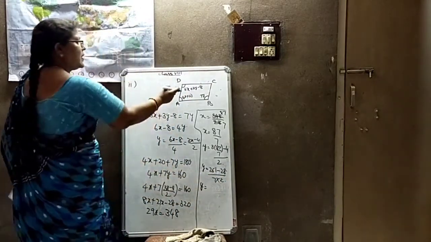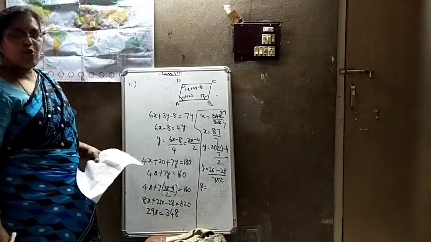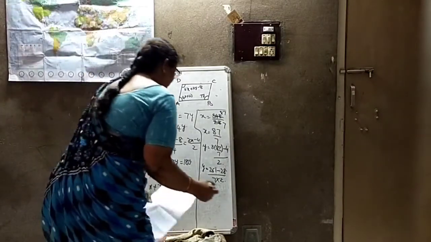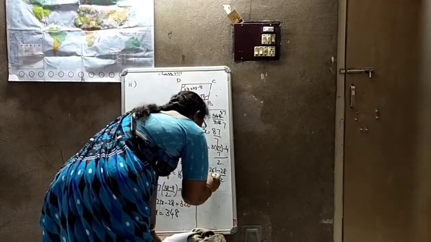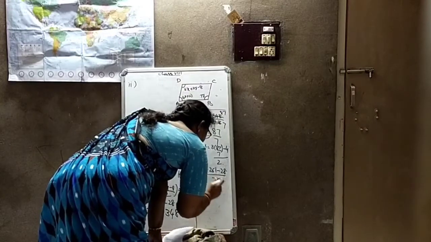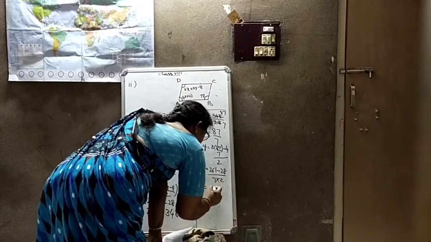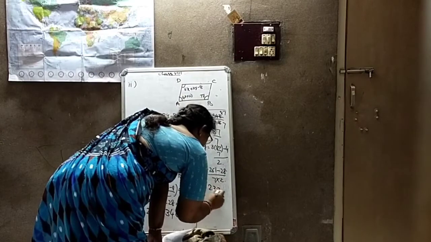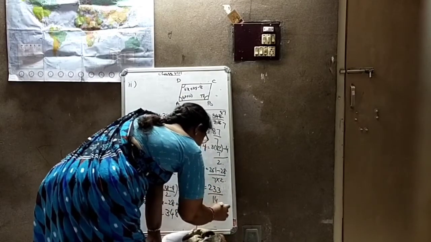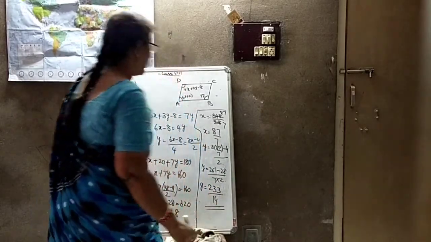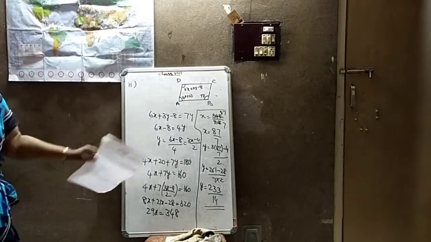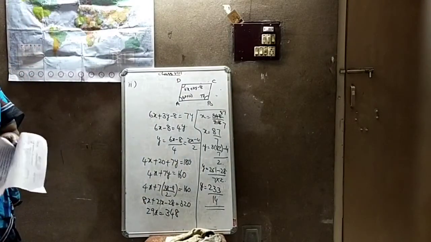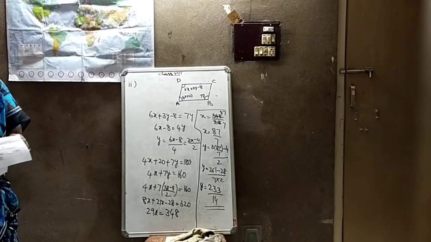So the mistake is with the problem only. I will solve it later. I will check what the question is. 233 by 14 is the value of y. You copy like this only, because according to this data that answer only will come. Okay, don't worry.